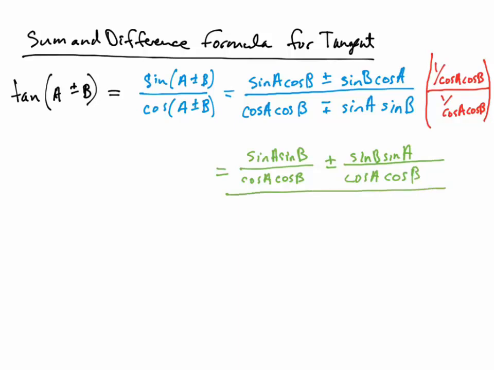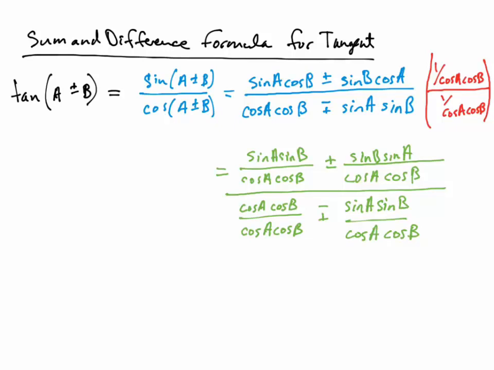In the denominator, we're going to have cosine A cosine B all over cosine A cosine B, minus plus, and then sine A sine B over cosine A cosine B.